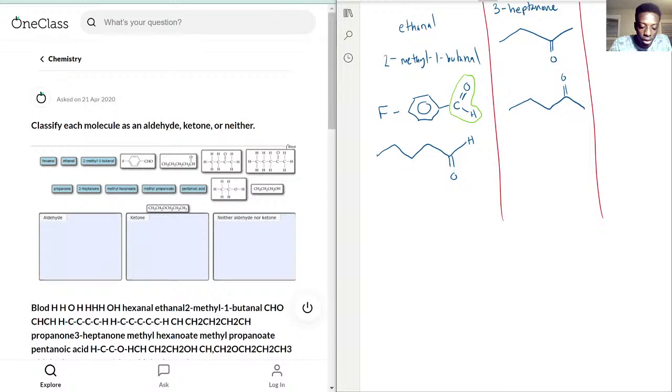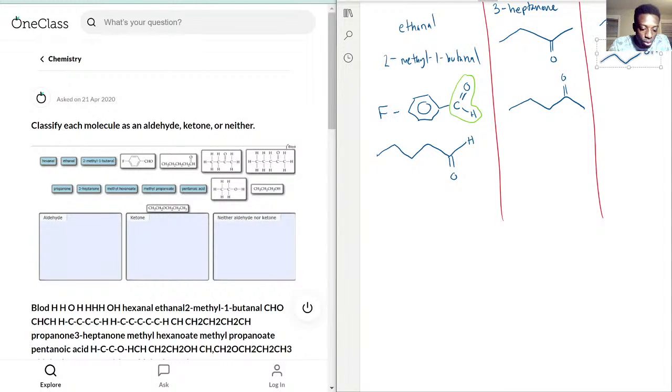Okay, and then we have the last 3 here. We have something that looks like this. That one's just an alcohol. In fact, this is going to be ethanol, because it's 2 carbons and an OH. So that one goes over in the neither group. And this one, better lines, because CH3, CH2, CH2OH, this one's just propanol, also an alcohol.